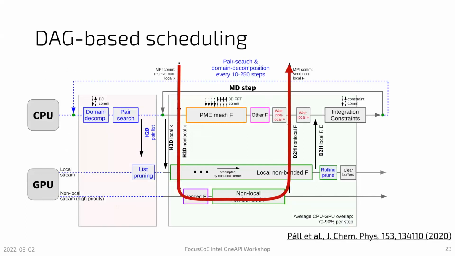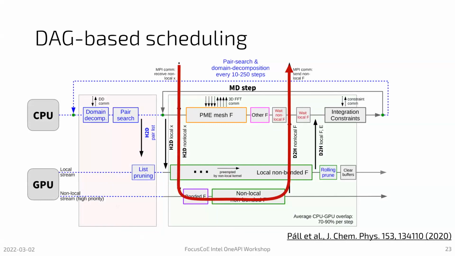For example, we have this critical path shown by the red arrow here that processes the atoms that are shared with neighbor ranks, and we want it to complete as fast as possible so we don't stall neighbor ranks.